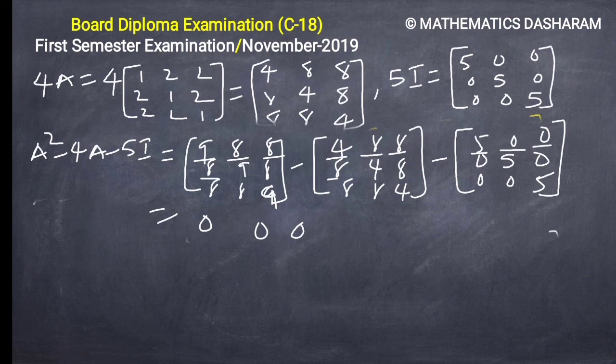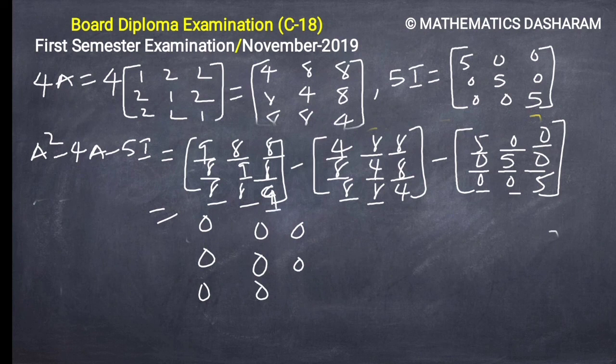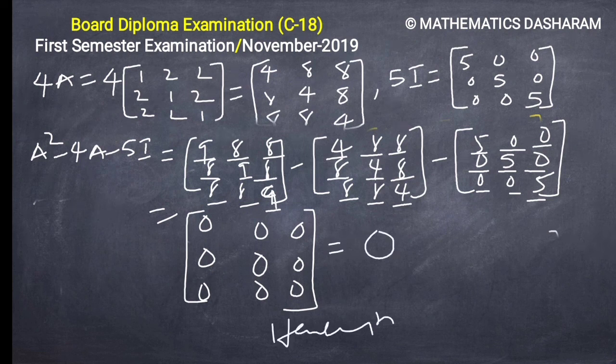Next, 8 minus 8 is 0, 0 minus 0 is 0, 9 minus 4 minus 5 is 0, 8 minus 8 is 0, 0 minus 0 is 0, 8 minus 8 minus 0 is 0, 9 minus 4 minus 5 is 0. So all elements are 0, so it equals 0. Hence proved.